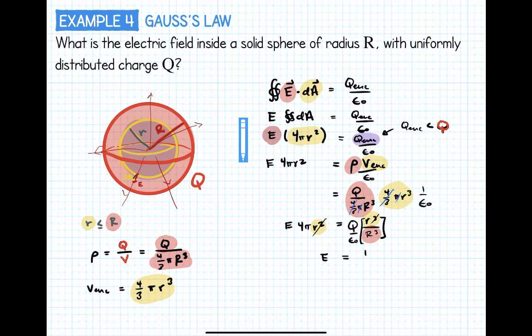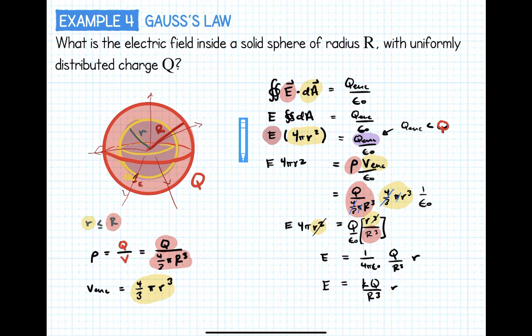Anyway, we get 1 over 4 pi epsilon naught, which we know is K. Q over R cubed, these are all constants, times r. Okay, so this is going to be K, remember, because 1 over 4 pi epsilon naught is K, Q over R cubed, these are all constants, r.